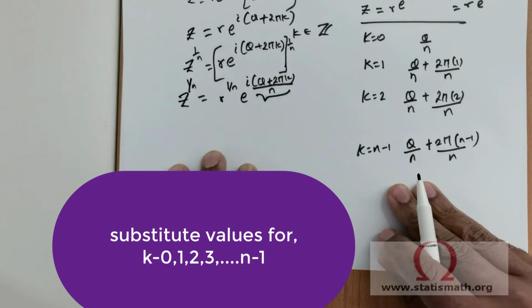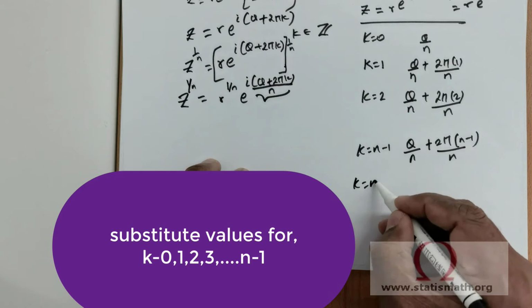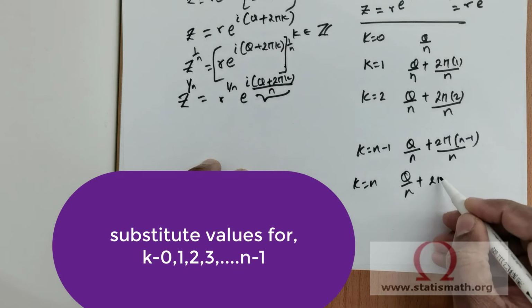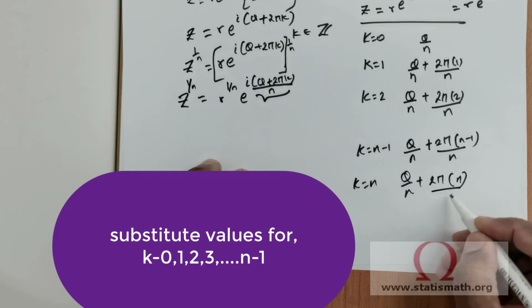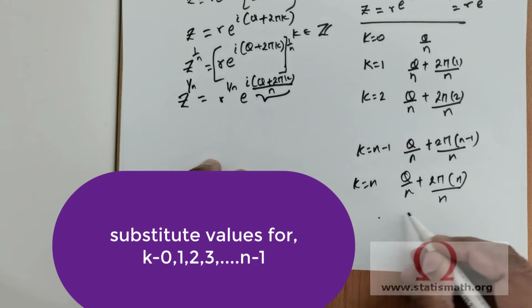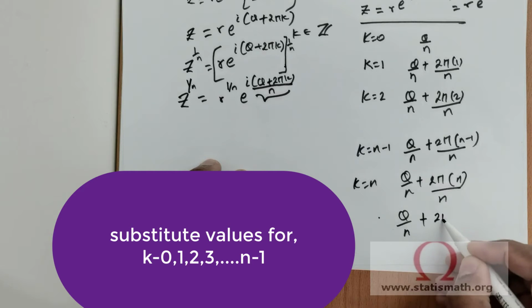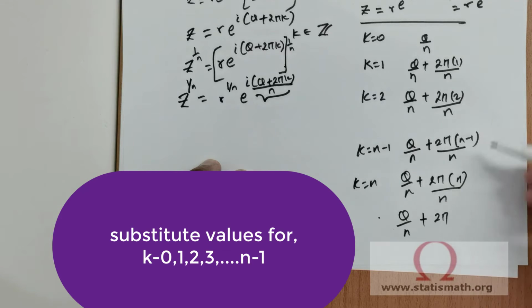Now, when k = n, you would get θ/n + 2πn/n, which gives you θ/n + 2π. So that means you would be repeating the values from k = 0 again. The values would become redundant.